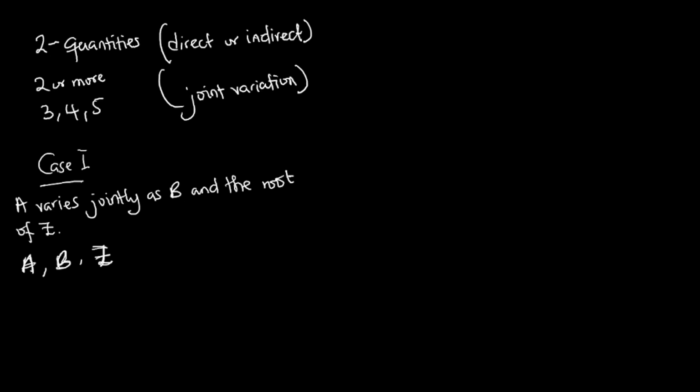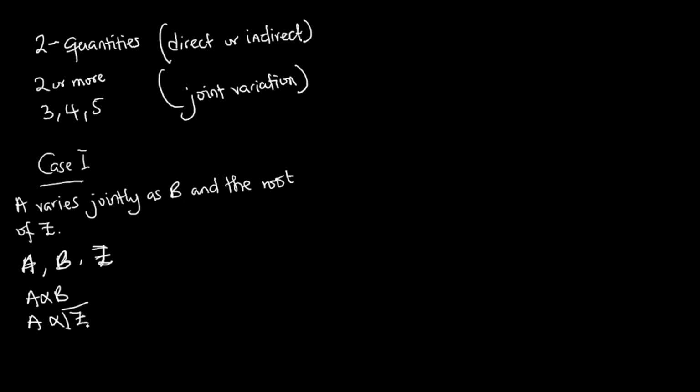Now A varies jointly as B, which means it's a direct variation between A and B. So A varies directly as B. And in the same way, A also varies directly as the root of Z, so the square root of Z.